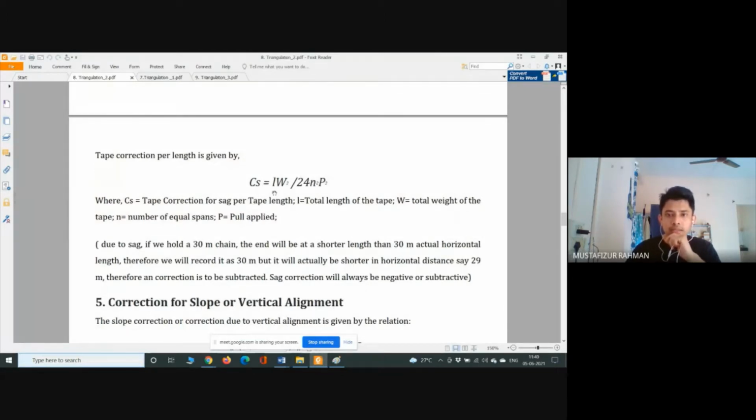What is CS? CS is the correction for sag, small l is the total length of the tape. This is going to give us the correction per tape length. L, small l is the tape length, W is the weight of the tape, N is the number of equal spans, and P is the pull applied. Okay, so it's like this.